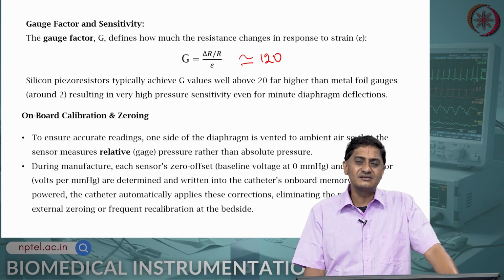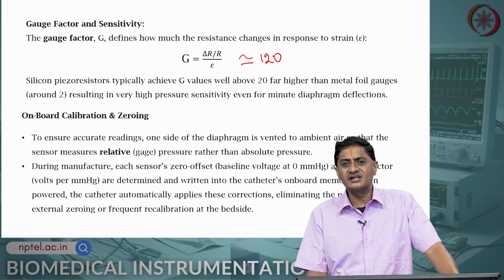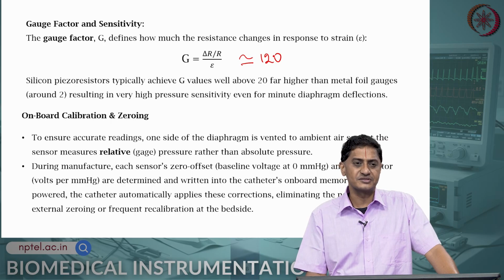Also, to ensure accuracy, one side of the diaphragm is exposed to air, essentially making sure that the gauge measures relative pressure rather than absolute pressure.